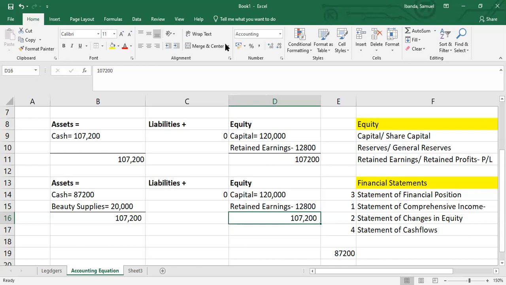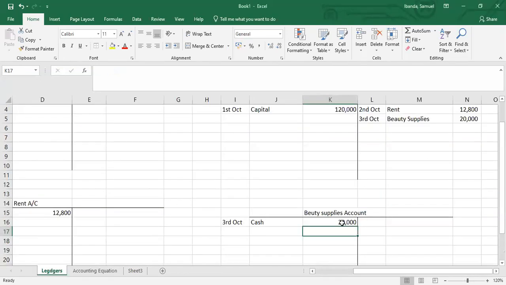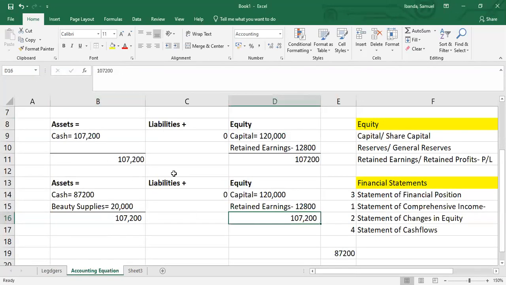You get it? Your equation is still balancing, with the subtraction of cash and the addition of beauty supplies. Okay. So that is how it would really happen. As you've debited it here and credited it here, this is how you'd affect it in your accounting equation. You can see the two sides are now balancing. So we are happy to go.